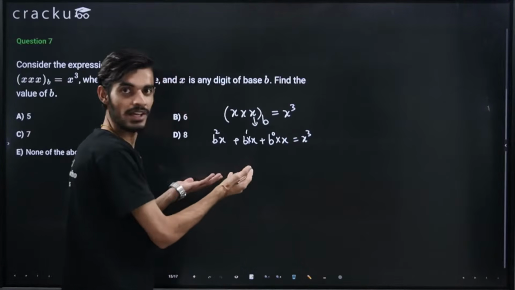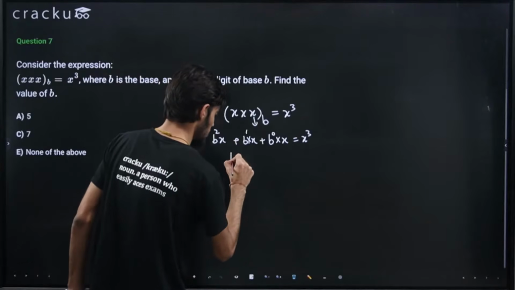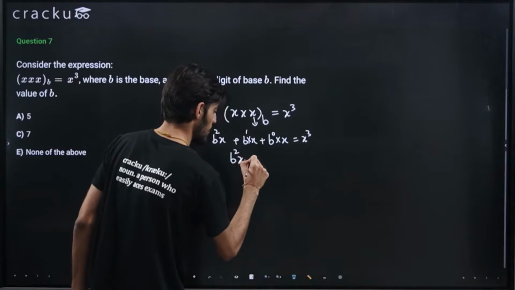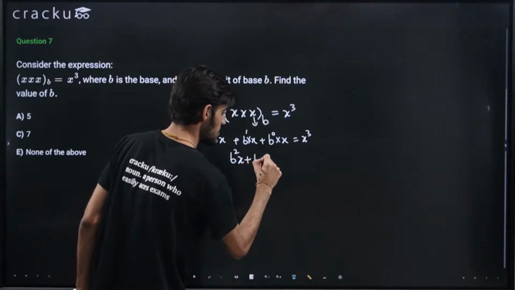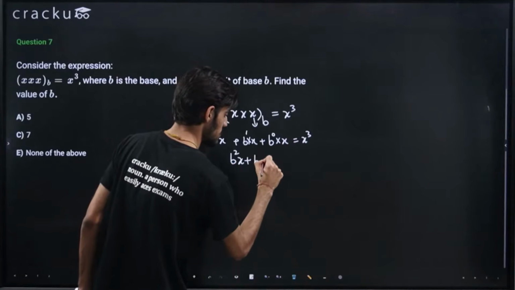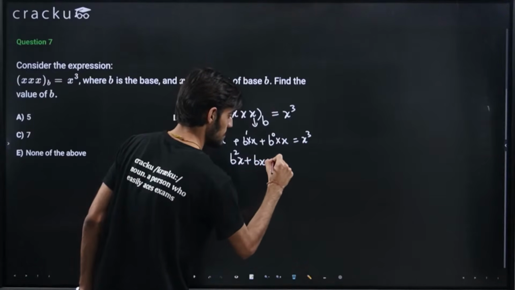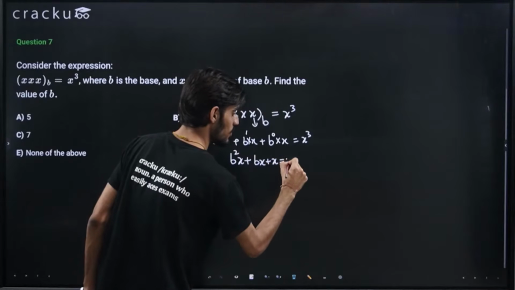Okay, so this is what best I can do. So this is b square plus bx plus x, that is equal to x cube.